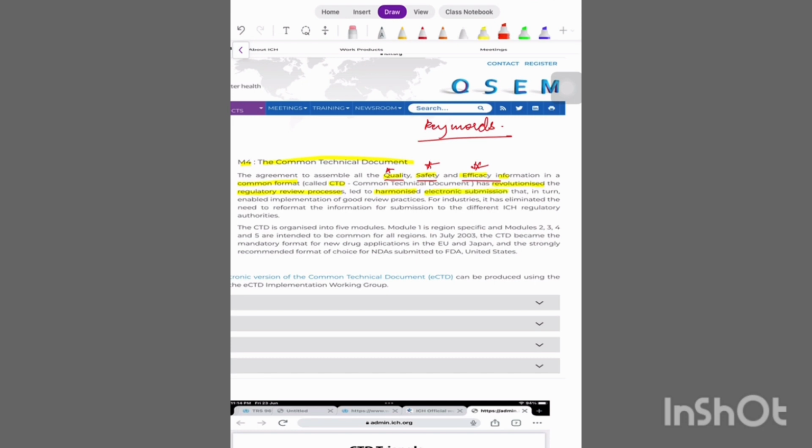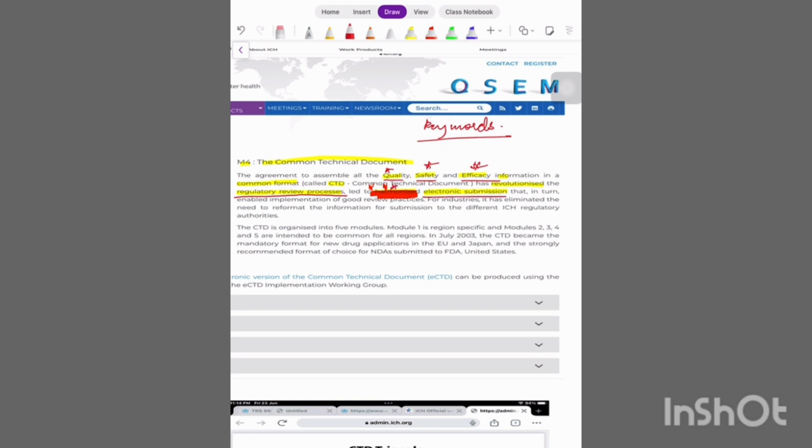Revolutionized the regulatory review process is something you have to say if someone asks you. And then harmonized. I cannot even highlight this word in every color I can. This harmonized is very important. It's a keyword here.